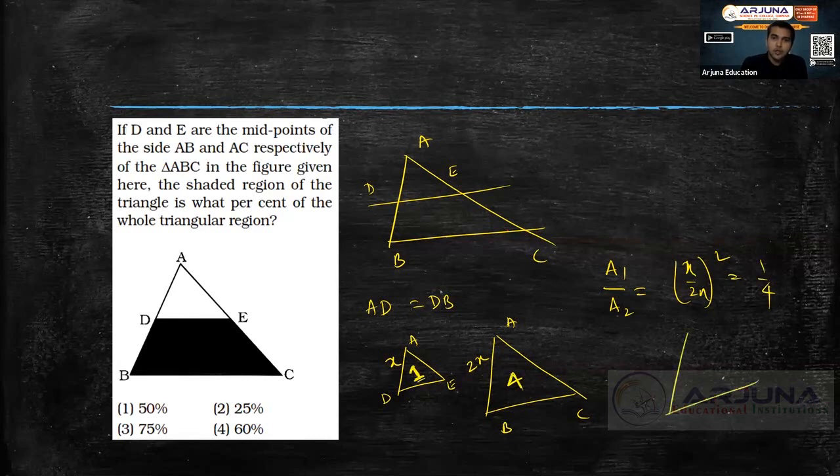And if the total area is 4 and this is 1, this has to be 3. So this is 3 out of 4 times the total area. If I multiply by 100, I'll get 75%. So the answer is 75%. Very important.